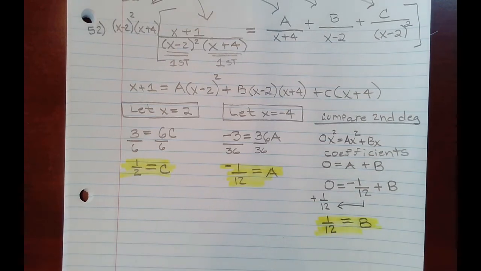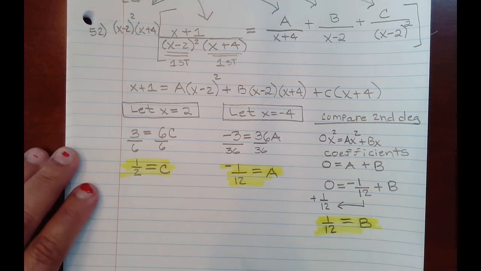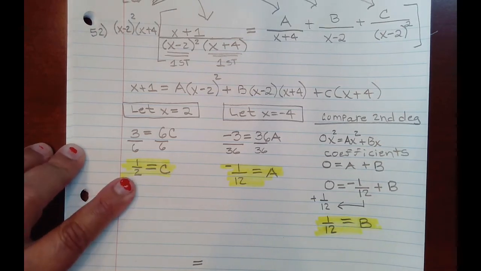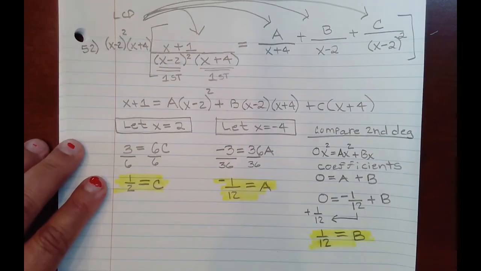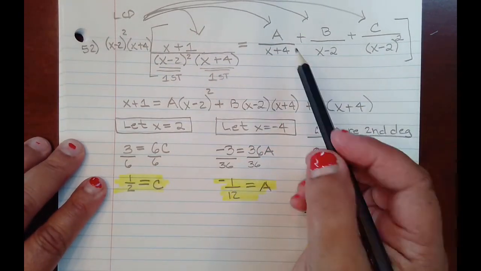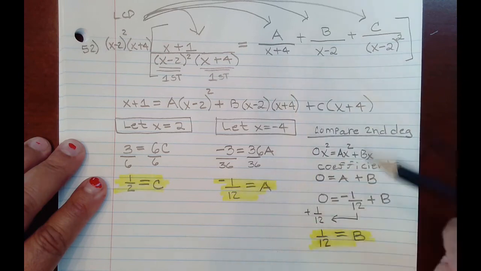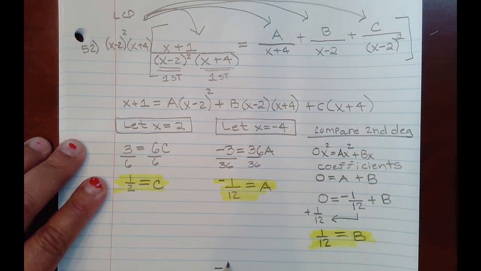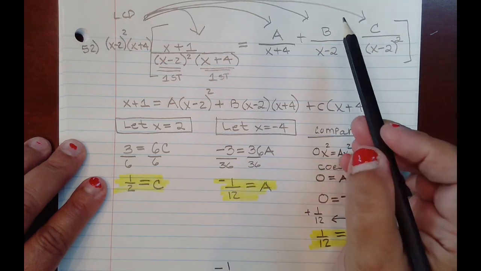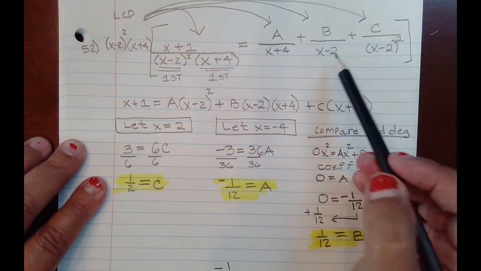Now just make sure that you get all of these assigned to the proper denominator. That's why you have to write all this out at the beginning. A gets assigned to x plus 4. Our A value was negative 1/12, so it's negative 1/12 as the numerator to x plus 4. Next is B gets assigned to x minus 2.